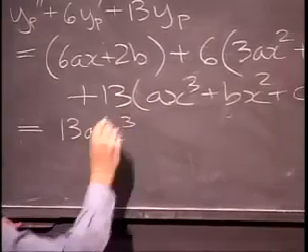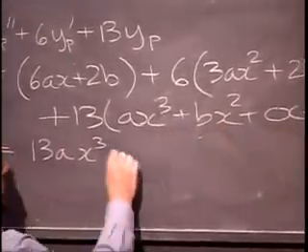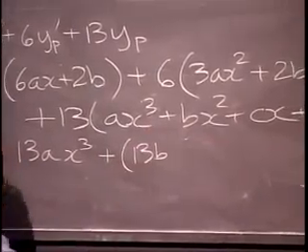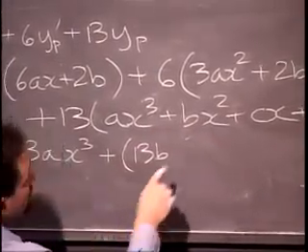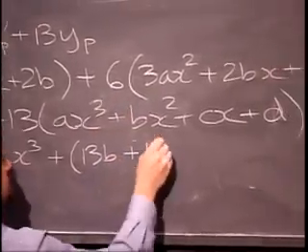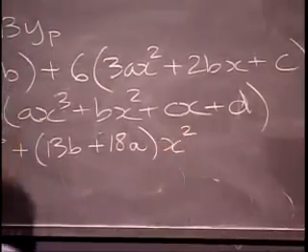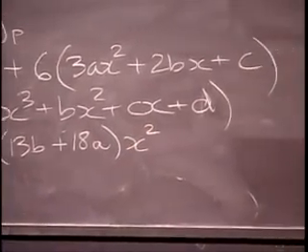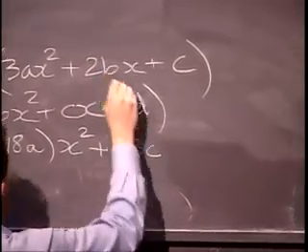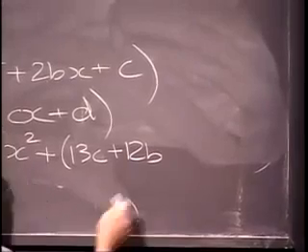13ax cubed. The x squared term will give me a 13b, but it will also give me an 18a x squared. The x term, I will have a 13c from the bottom line. I will have a 12b from up here, and I will have a 6a from over there.